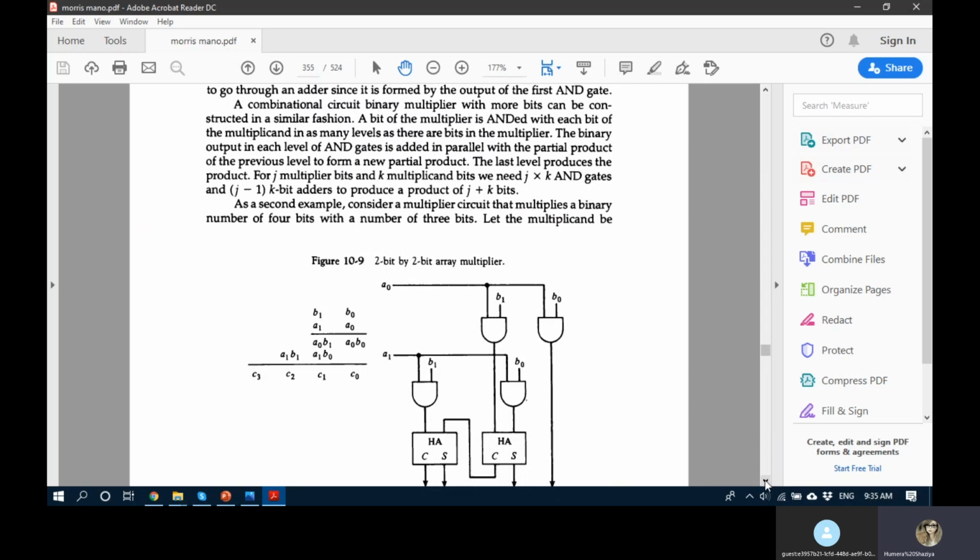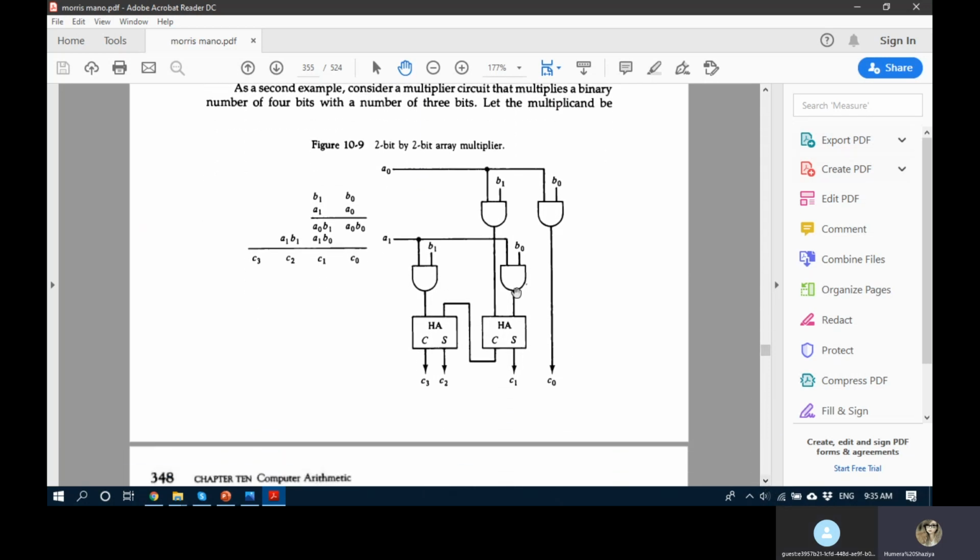Look at this diagram. Here we have B0, B1, A0, and A1. This is a 2 bit by 2 bit array multiplier. You are doing the operation of multiplication through addition using half adders concurrently, simultaneously.